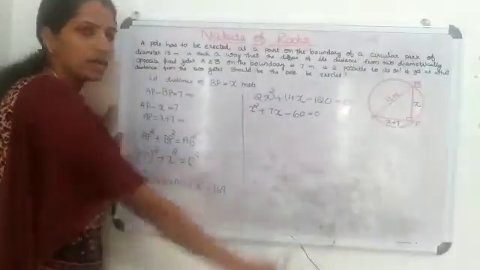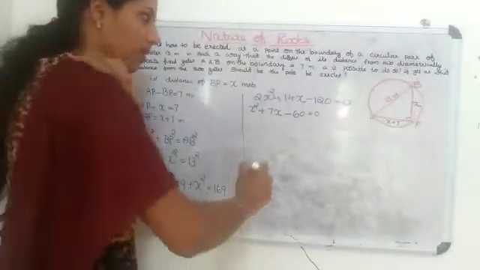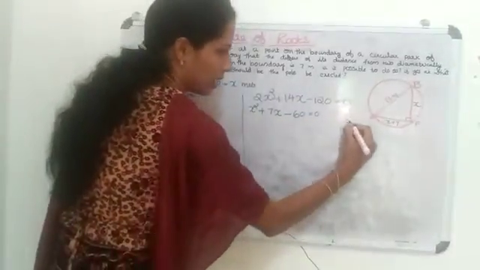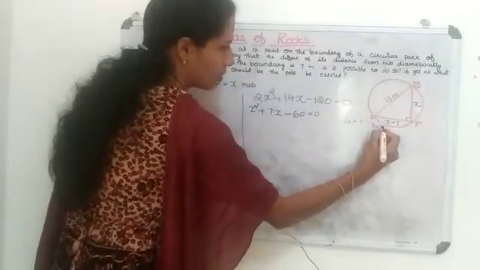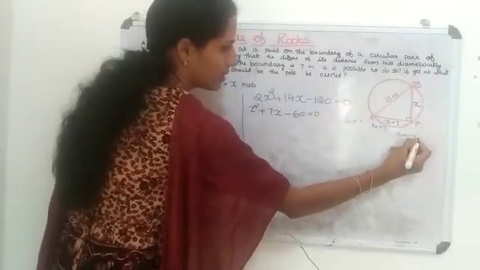Now this is in our standard form. From this we can find out what is a. a is equal to 1, b is equal to 7 and c equal to minus 60.